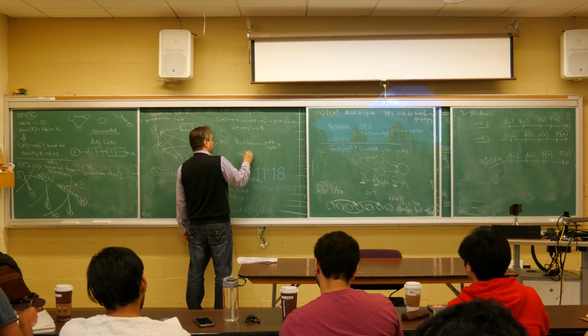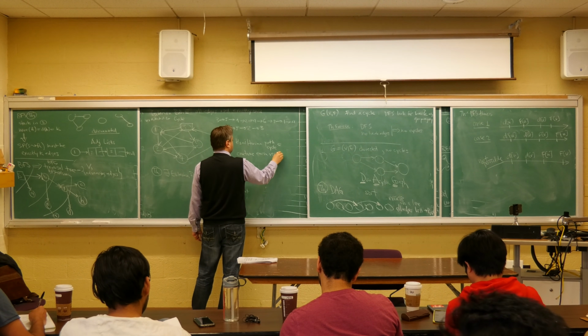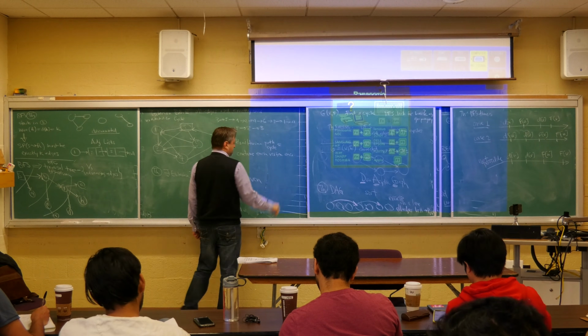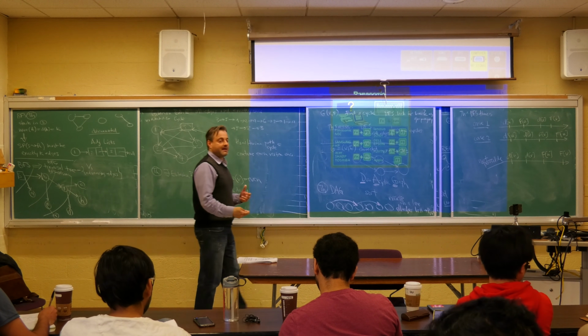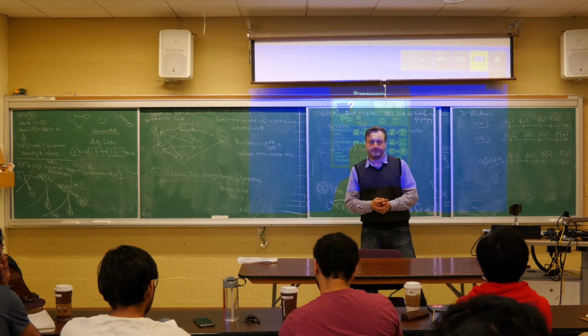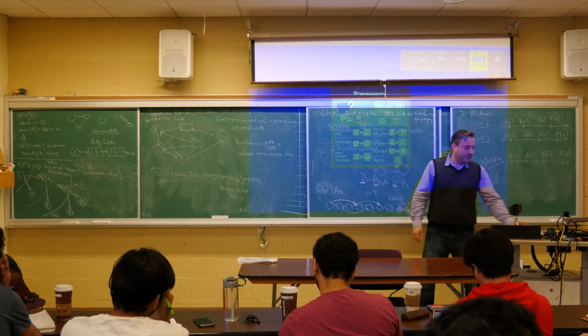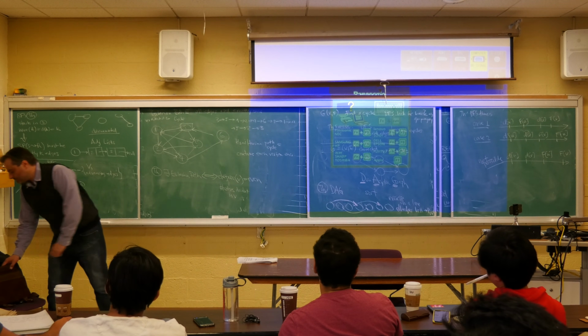Contains each vertex once. Hamiltonian paths in general are very complicated problems. Eulerian paths are not. So that being said, let me show you something on a projector.